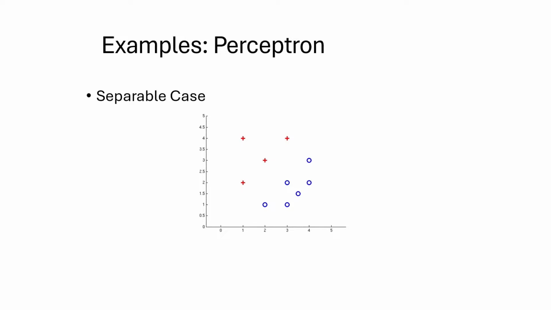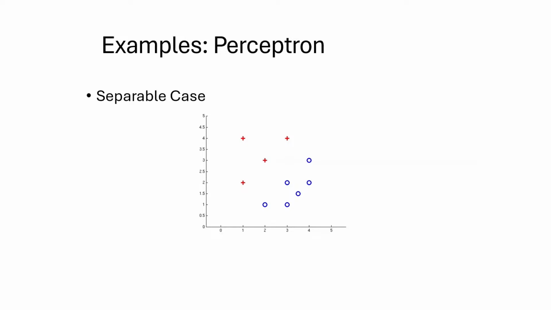You see features that belong to the crosses and features that belong to the circles, the blue and red ones. Everyone can see that there is a line that separates between circles and crosses. It is a separable case.